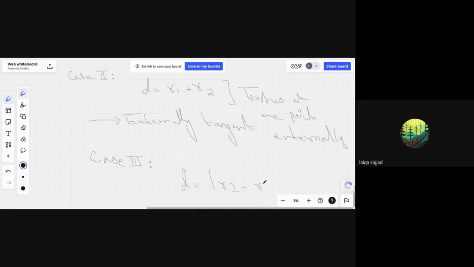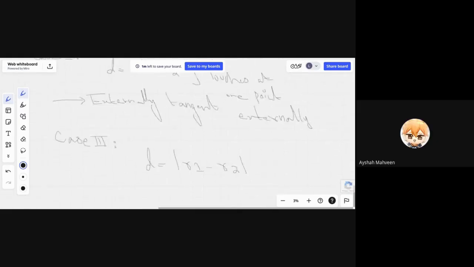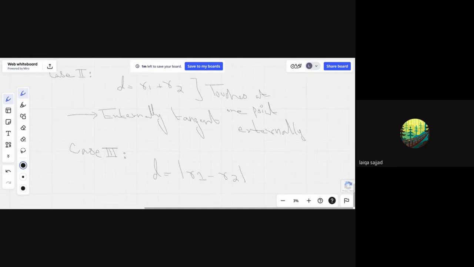R1 minus R2. What do these two bars represent? The answer will always be positive. Yes, it means that even if you get a negative sign, you can skip that and only pay attention to the magnitude.